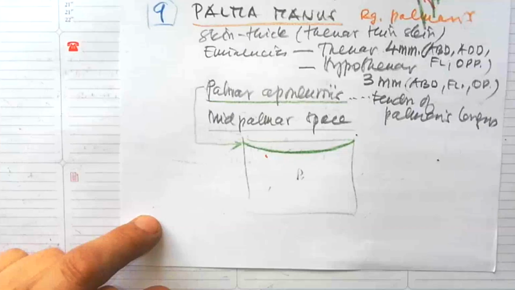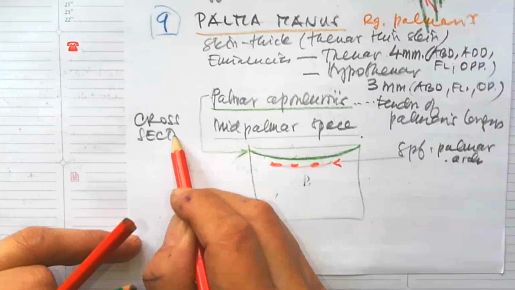So here we have the superficial palmar arch like that. This is a cross section, definitely in the mid-palmar space.